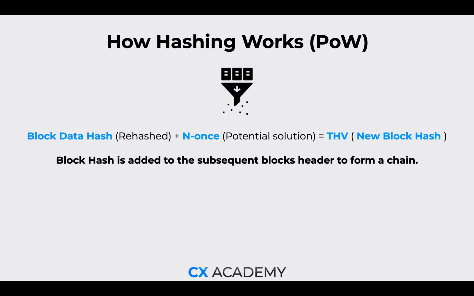So then, how is the data actually hashed within a block? So we have the block data hash, okay? That is the hash of all the transactions within the block. That is then rehashed with the nonce, the number produced once, which is the potential solution.